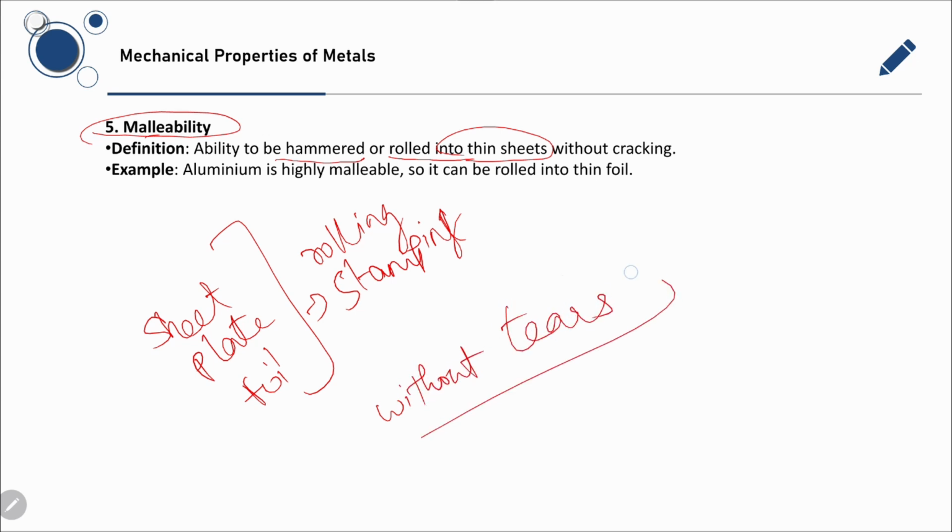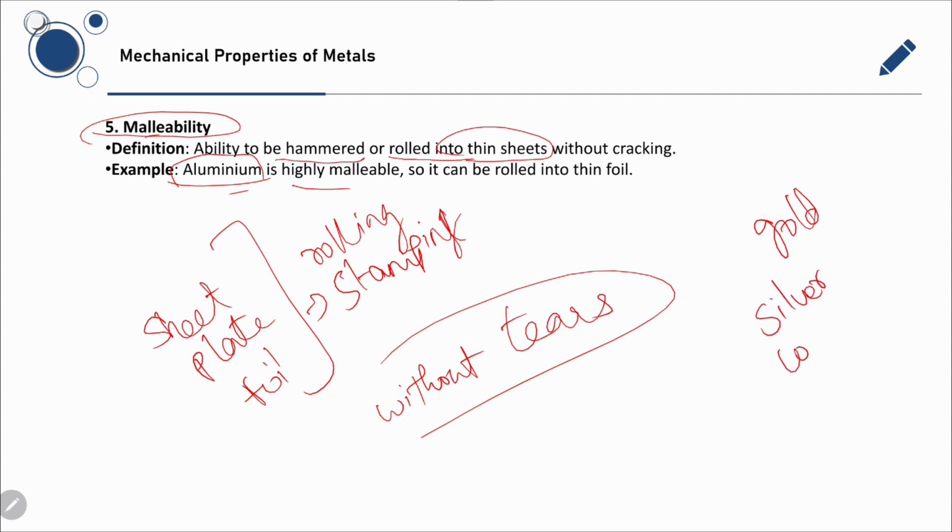The best example is aluminium. Aluminium is highly malleable because aluminium foil is produced by repeated rolling. It prevents cracking as thickness drops. Other examples are gold, silver and copper.